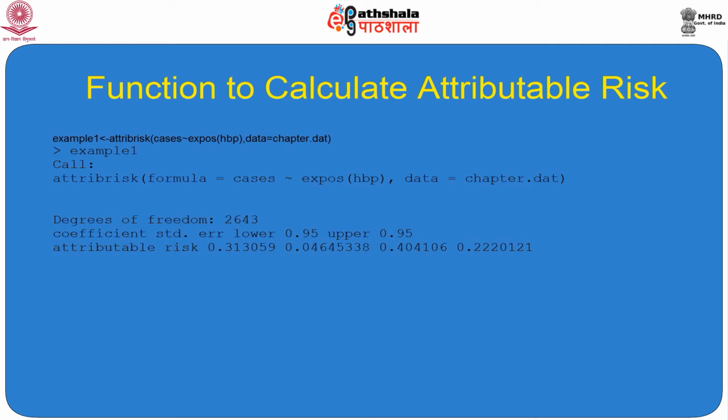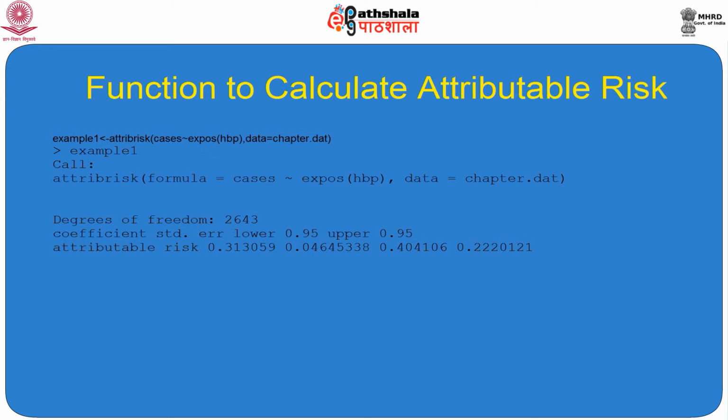Once we assign these functions into example 1 and call it, we get a degree of freedom of 2643, obviously because we have a huge number of observations here, along with the coefficient, standard error, and lower and upper 0.95 confidence intervals.